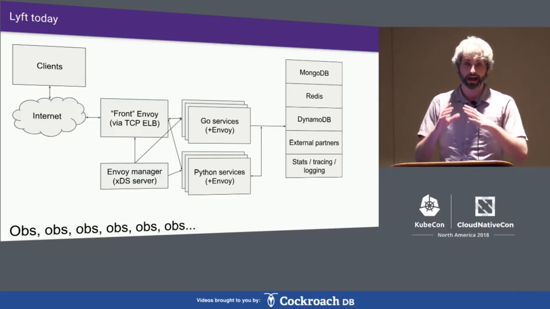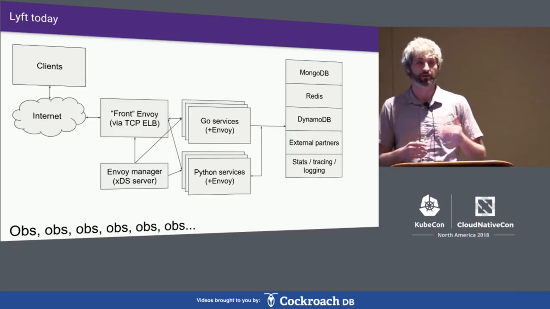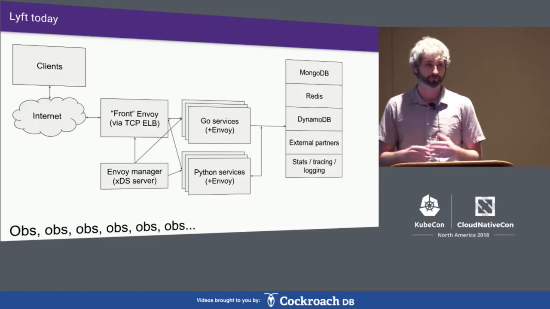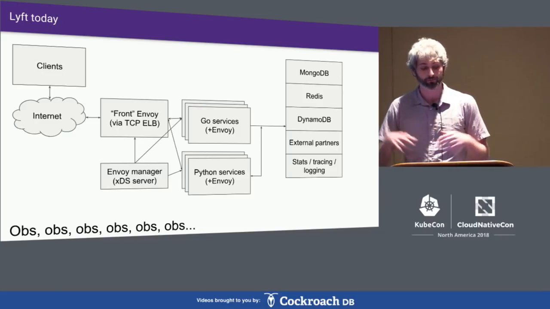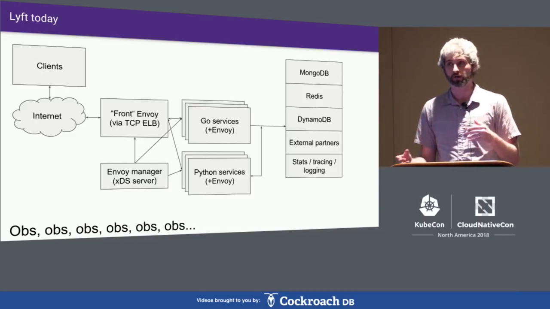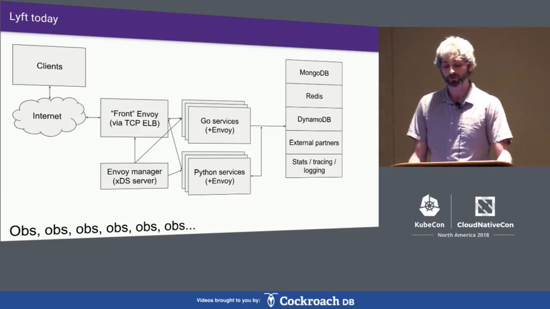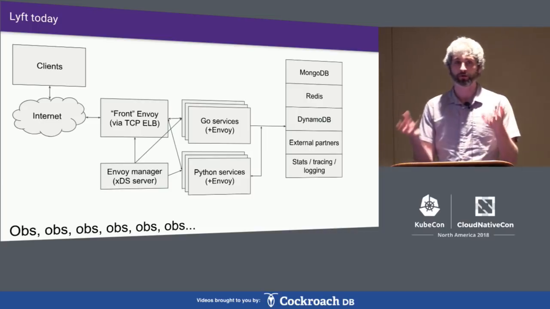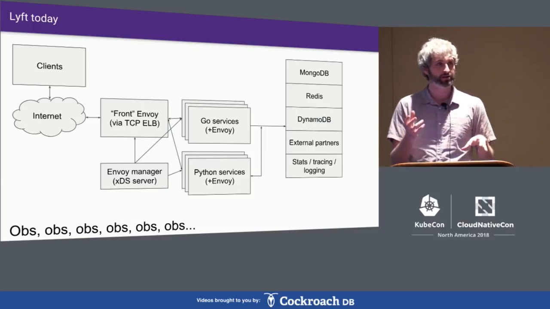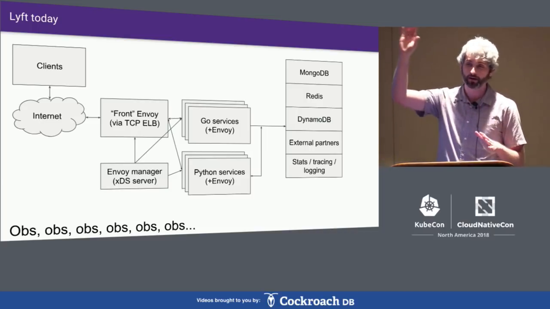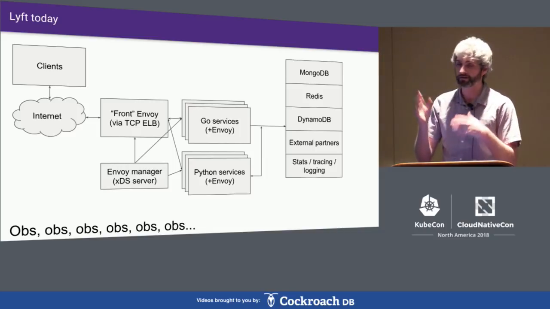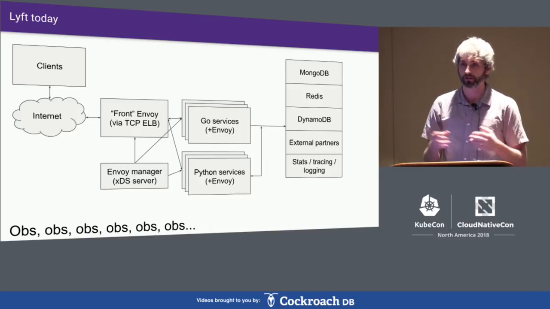And Envoy runs everywhere. We have 100% coverage of Envoy. All traffic at Lyft flows through Envoy. And backing it all is what we call our Envoy manager. This is an XDS server or a config server. Roughly the way that it works is an Envoy boots up with a base configuration. It says, hey, I am this server in this availability zone and this auto scaling group.